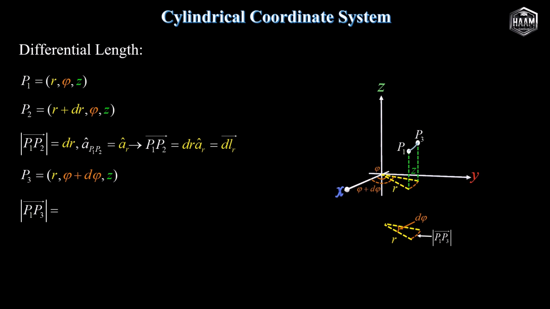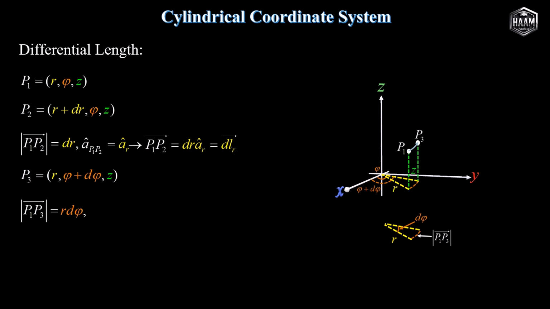Since this distance is approximately the arc length subtending the angle d phi, and by the standard mathematical relation arc length equals radius times angle, we get r times d phi.